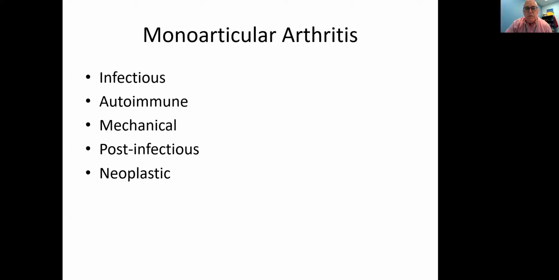Throughout the talk, we're going to discuss what historical features help you differentiate infectious versus autoimmune. Acuity and duration of symptoms is a big one. And really, when you have a patient present with one joint, those are going to be your most likely etiologies.